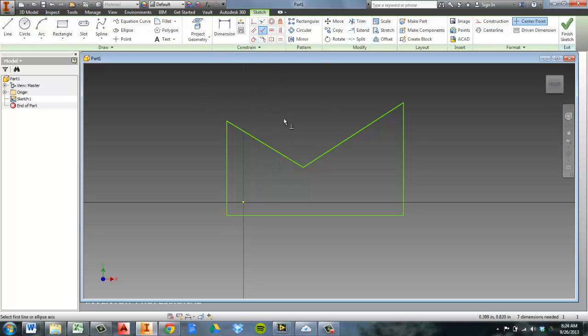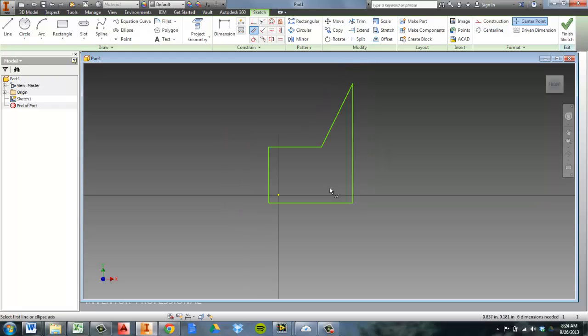Now we also have parallel. Please note that these lines by default, because they're connected and vertical, are also parallel. But we could use the parallel constraint to make this line here and this line here also parallel. Notice that they are now parallel.